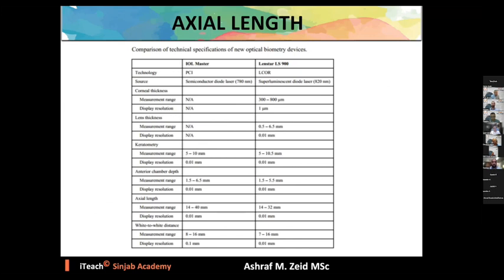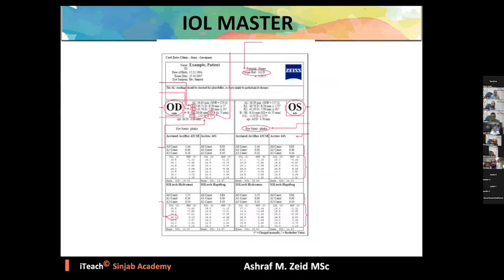This is a quick comparison between the IOL Master and the Lenstar system. The main cut point here is that the Lenstar system can measure the corneal thickness and the lens thickness, which is essential for some equations that we are going to talk about. Regarding the IOL Master, which is the most commonly used device in the world, it has a lot of info regarding axial length, K1 and K2, and spherical equivalent standard deviation, and it gives you the actual corneal cylinder and at which meridian.